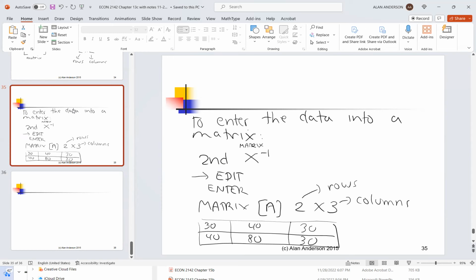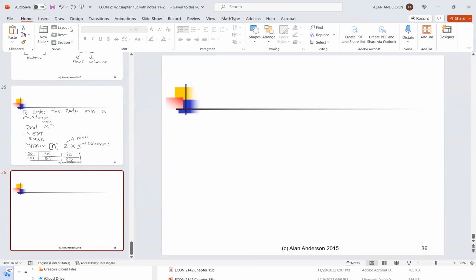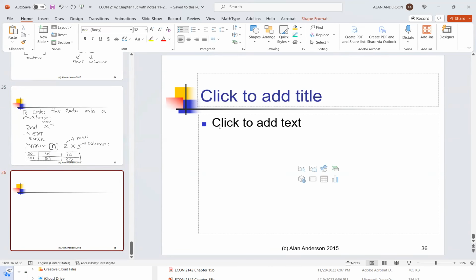All right, so if you're done, now you're going to hit stat tests. And this time you're going to choose, it should be C, which stands for chi-squared test. That's all it says, chi-squared test.